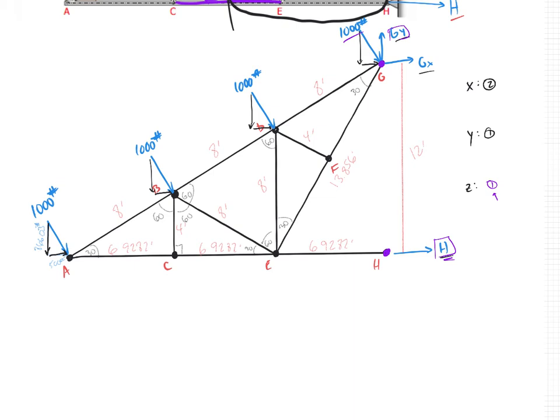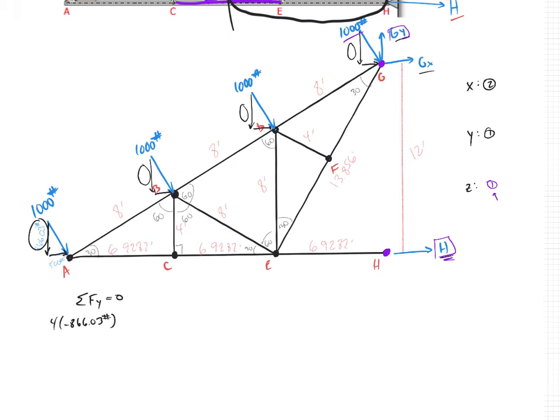Okay, so in the vertical, we've got the sum of the forces in y equals 0. What forces are we working with here? I've got 4 of these going down, so I've got 4 times negative 866.03 pounds.